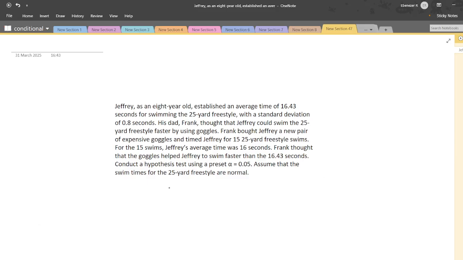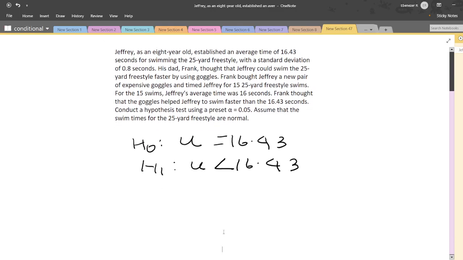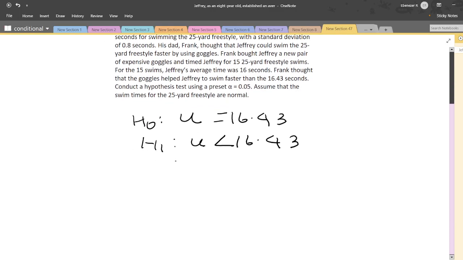First of all, set a hypothesis. H naught: mu is equal to 16.43. And I want this one to be true, H1: mu less than 16.43. All right, got it. Now my alpha is equal to 0.05.